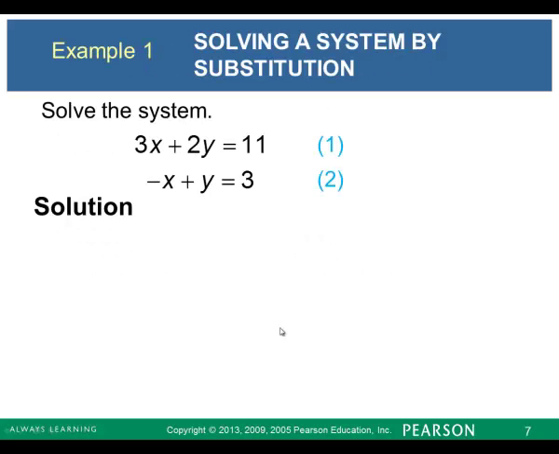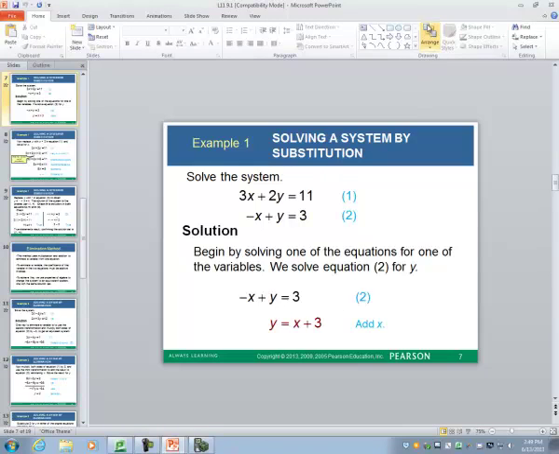All right, so let's take a look at this first system of equations. Let's see, we want to use the substitution method to work through this.